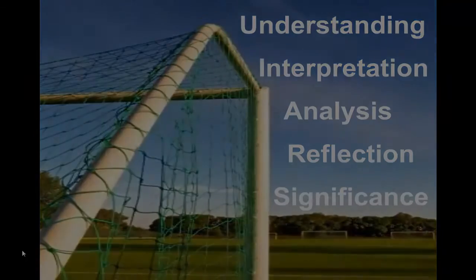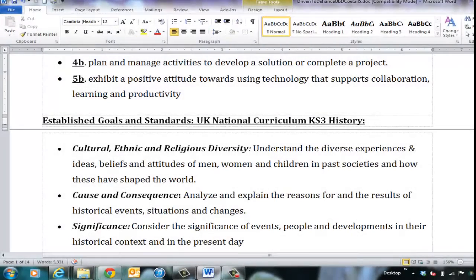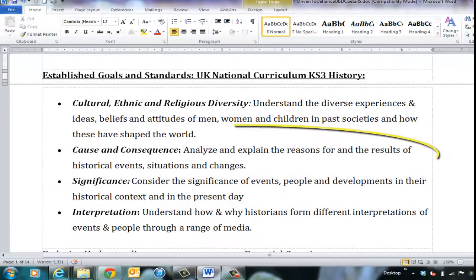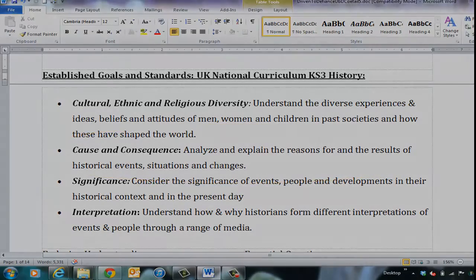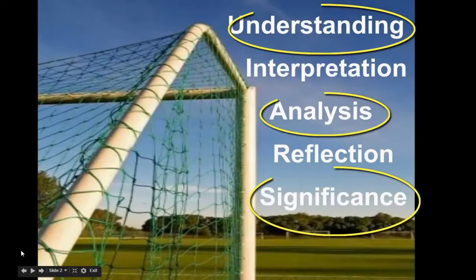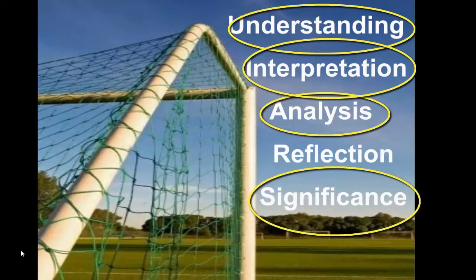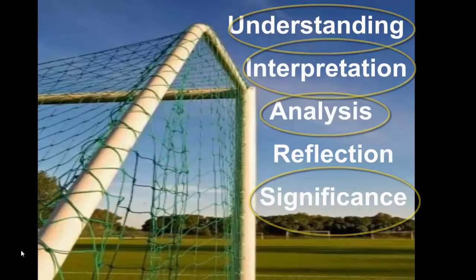Number 2, to analyse the causes and consequences of the Reformation. Number 3, to consider the significance of Luther and how he shaped the world. And finally, number 4, to understand how and why historians form different interpretations of the same event.